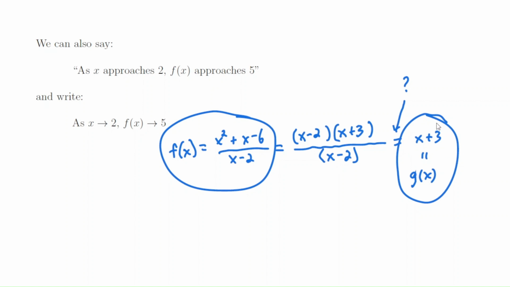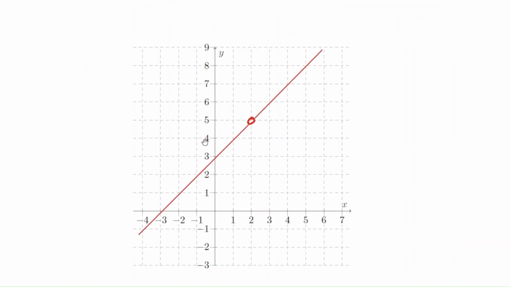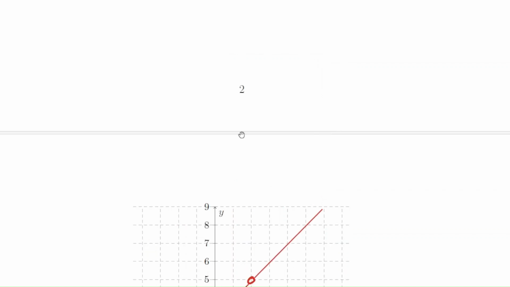In fact, the graph of this function is a straight line, right? It's a linear function of the form mx plus b. The y-intercept is 3, the slope is 1, so this is just a line. So the graph of this should also just be a line, other than when x is 2. And when x is 2, it should have a hole in the graph. In fact, I've graphed the function right here. This is our original function f of x, that kind of messy looking function.